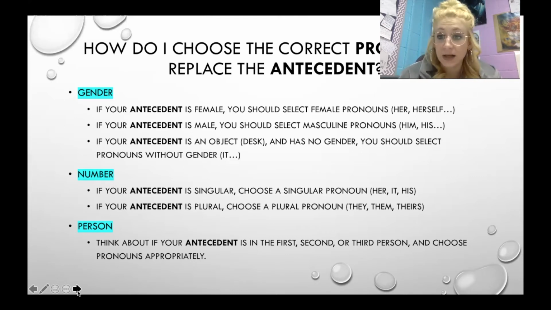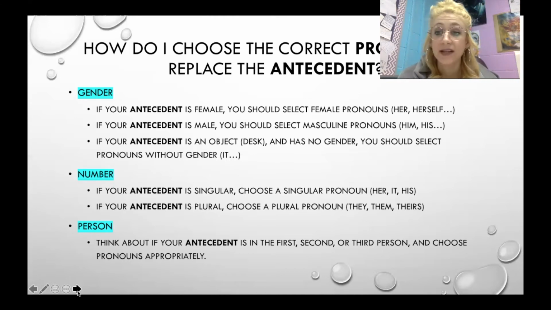And the last option when we're replacing an antecedent with a pronoun for gender is if you have an actual object, and that will be gender neutral. For example, if I have a pencil, that doesn't have a gender, so I'm not going to say, oh, the pencil sat on his desk. That doesn't make sense. I need a gender neutral pronoun. So that's going to be it, its, itself.